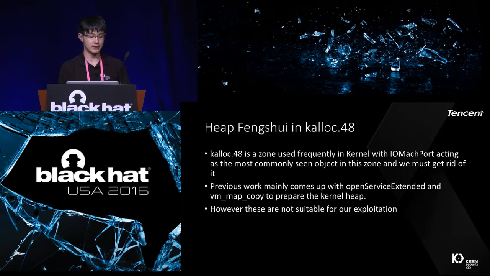But there is a problem for our exploitation because we are dancing in the KALLOC 48 zone, and there is a very annoying thing called IO mach port. IO mach port also has a size of 48, and it will also fall in this zone. And we need to get rid of it to get stable heap control.